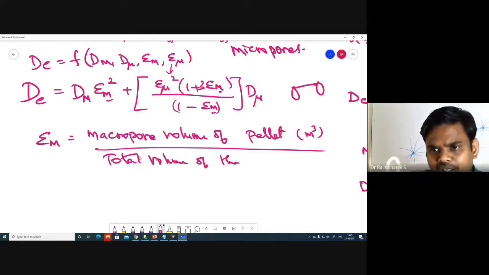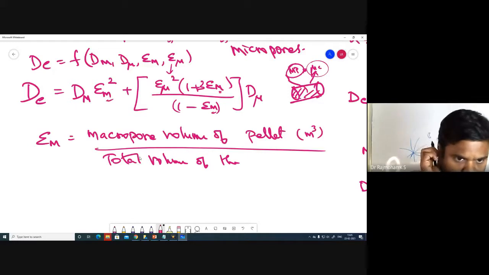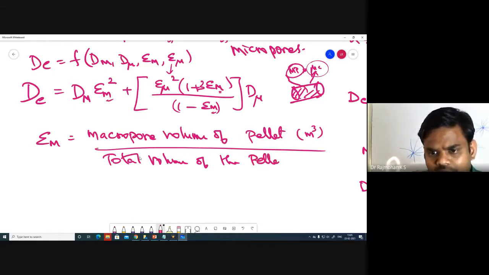Remember, it is one pellet which will contain macropore and micropore. So how much is macropore, how much is micropore, what is the volume? If you have the total volume of the pellet given, we can have the ratio as porosity. You can use the same unit; if it is centimeter cube, it should be the same.